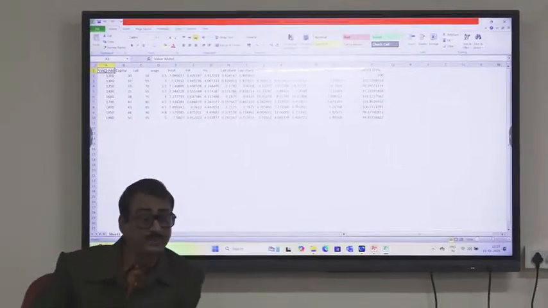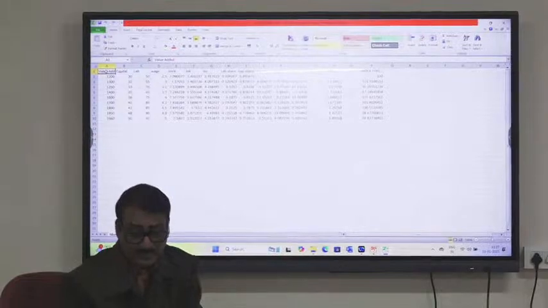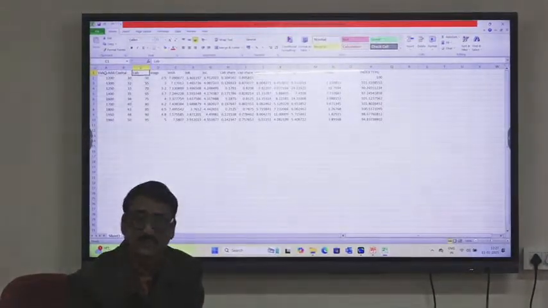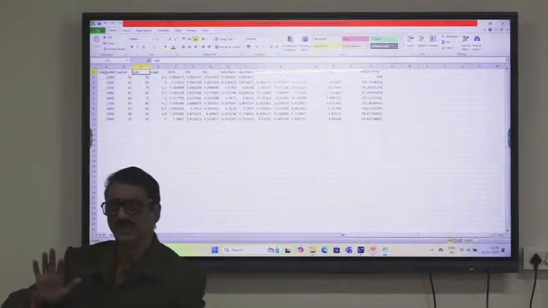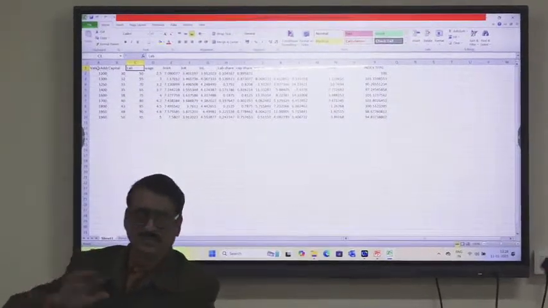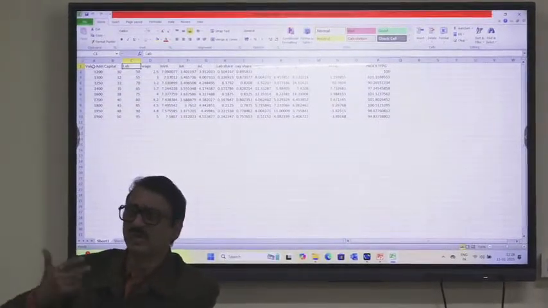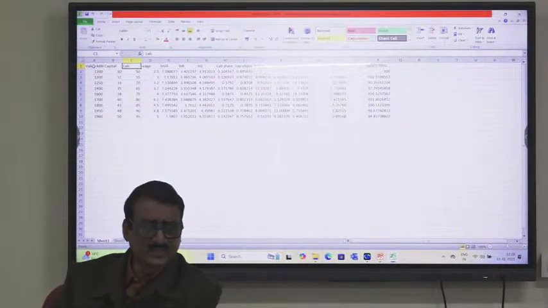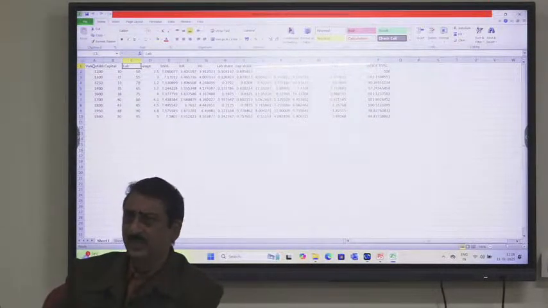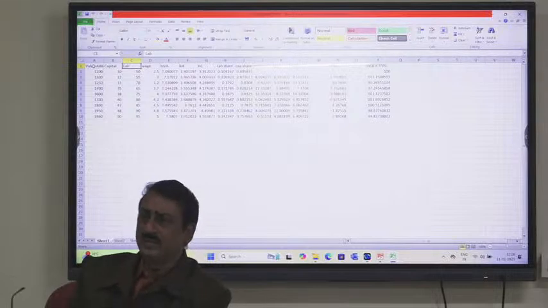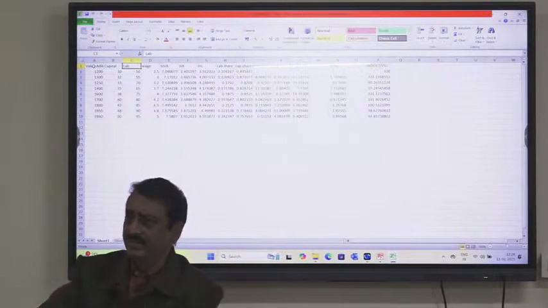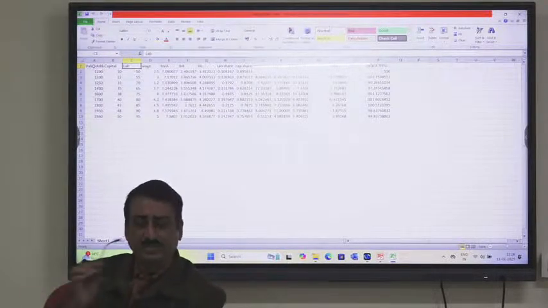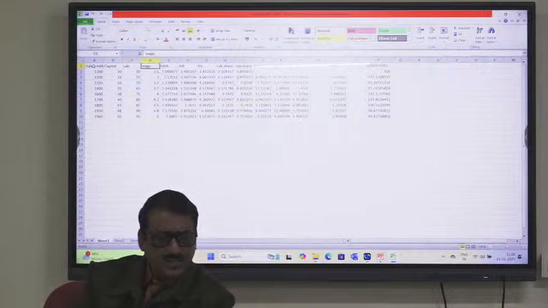This is my value added, and this is my capital, and this is my labor. Whatever the units are, we are not bothered about the units. Labor is measured in terms of hours or number of workers, capital is measured in terms of value of capital, and value added is again measured in terms of value. Let's say we have already deflated the figures. Deflation I have already explained to you, so I'm not going to show you the deflation. These are deflated figures.